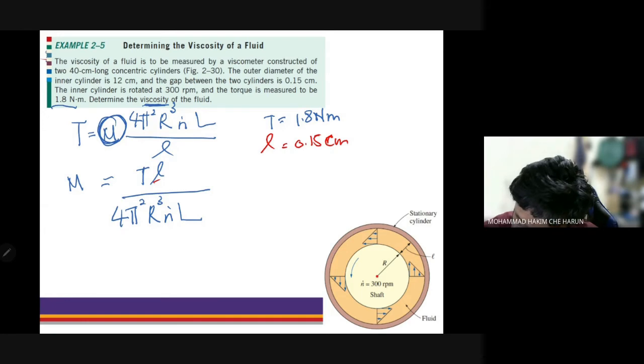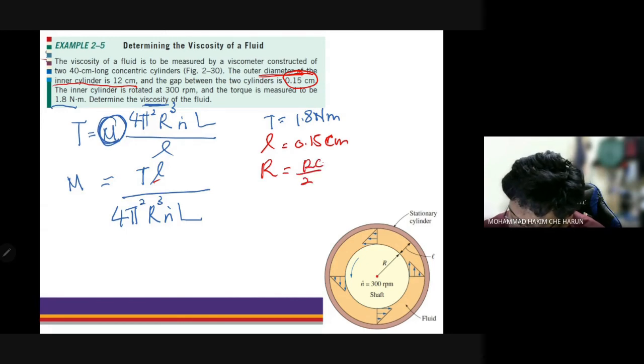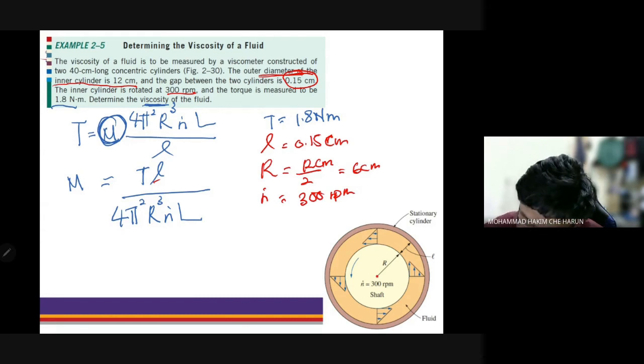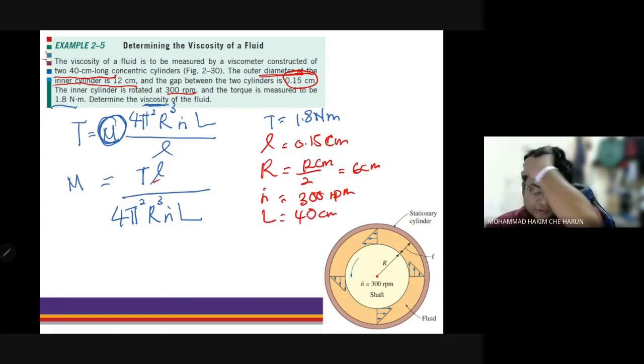Then R: the diameter is given as 12 cm, so 12 divided by 2 gives the radius, which is 6 cm. We have N naught is 300 RPM. And then the length is 40 cm. Okay, so that's all the information given.